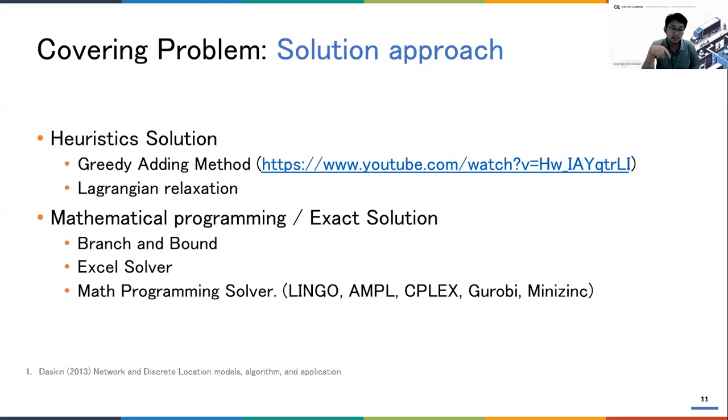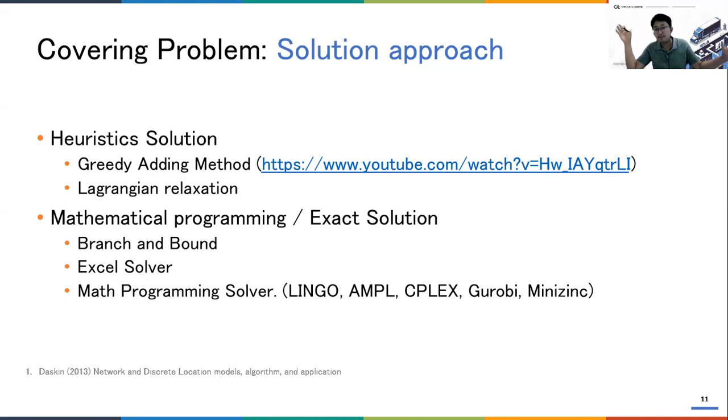You can use a branch and bound solver, Excel solver, or other mathematical programming solvers like Lingo, MPL, Cplex, Gurobi, and MiniSync. But if the number of nodes that you are using is large, perhaps you need to use another heuristic. It means that you may not find the best solution, but it's close enough, okay?